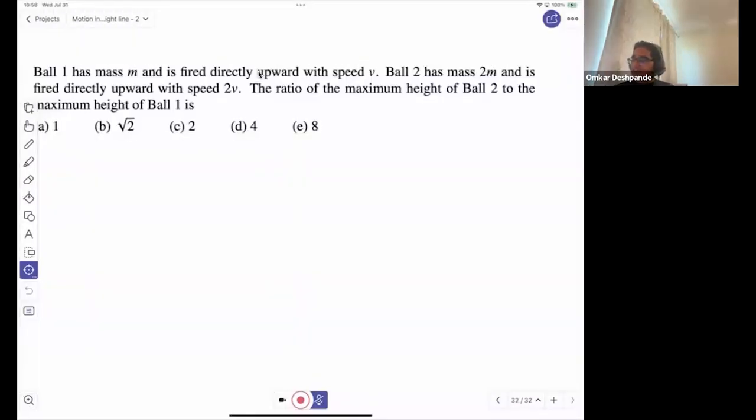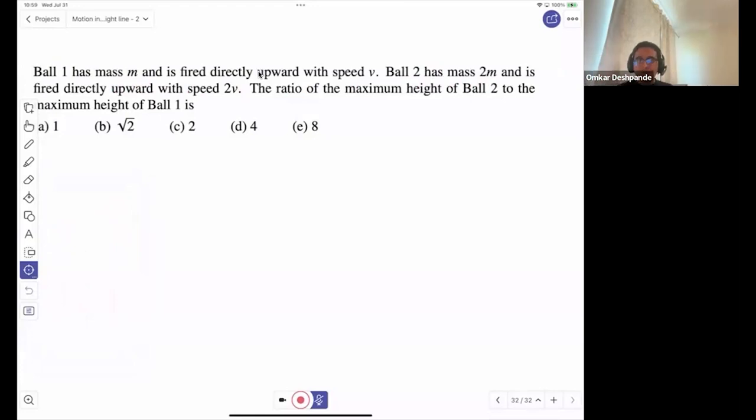The other thing you have to use here is the fact that these two masses are different is actually irrelevant, because we saw earlier that when you have free fall motion, when you have different masses, they cannot have different natural speeds. They will both accelerate in the same way.